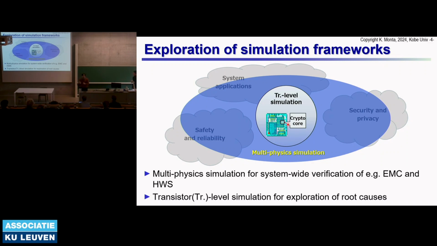So we need some bridges. We need some connections, theoretically and also practically, by using existing simulation software. So what are the connections? That's the point we are targeting. So we are designing a CryptoCore. We will use transistor-level simulation for detailed analysis, mostly for the exploration of the root causes of problems like side channel leakage.